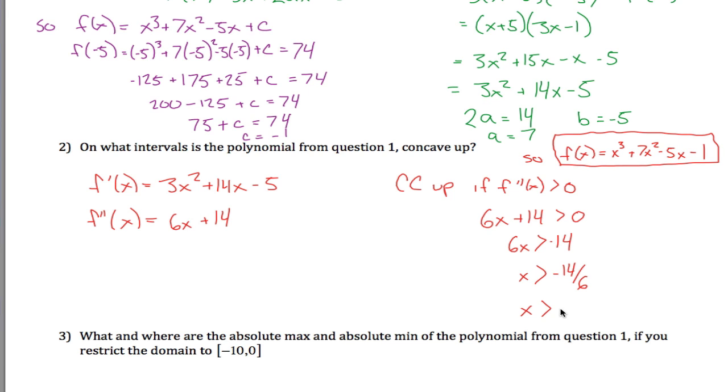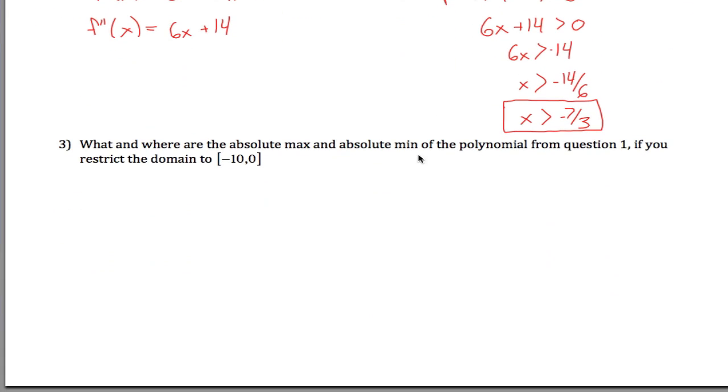Another way of saying negative 14 sixths is negative 7 thirds, or negative 2 1/3. So the polynomial is concave up when x is greater than negative 7 thirds. In interval notation, from negative 7 thirds all the way up to infinity.